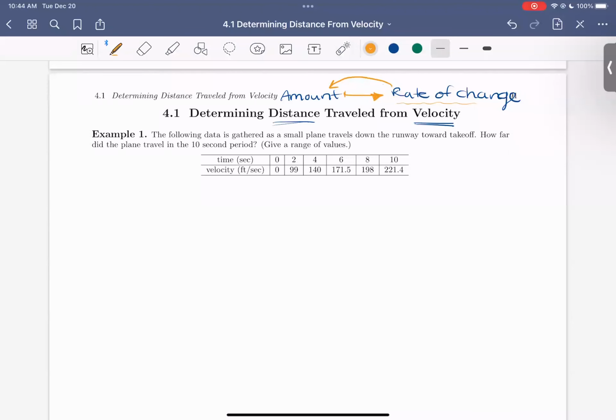So before looking at this example specifically, I just want to review a few concepts with you. So let's suppose we have a constant rate. So that means over a chunk of time. So what does that mean, constant rate? Over a chunk of time, the rate of change, or the rate, is constant.